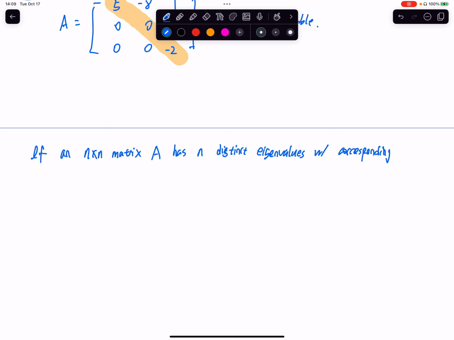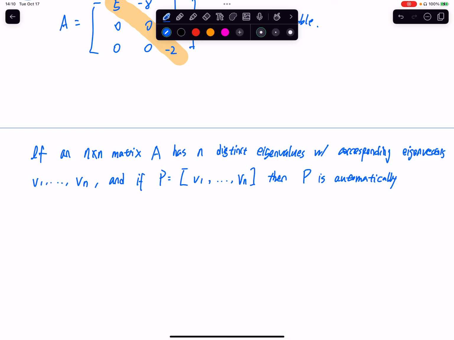And now, if an n by n matrix A has n distinct eigenvalues with corresponding eigenvectors, namely v1 up to vn, and if P equals v1 up to vn, then P is automatically invertible since its columns are linearly independent.